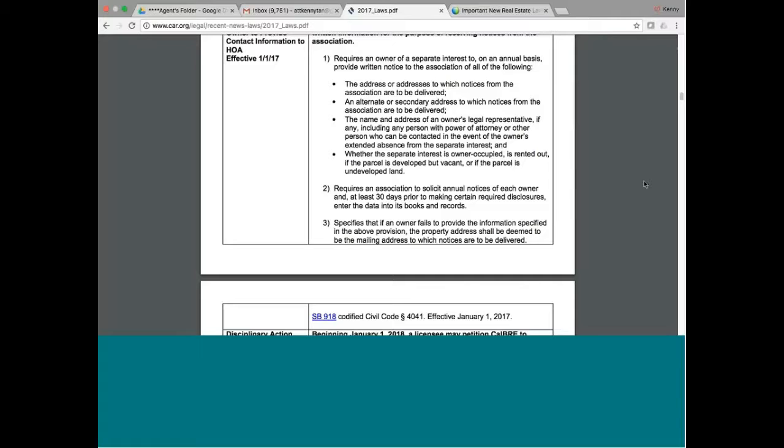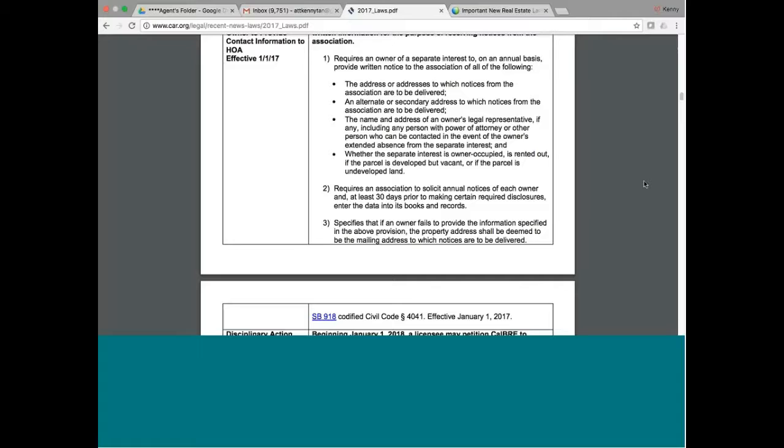Now, whether or not your tenant forwards the mail to you, if you fail to receive legal notices because you never provide an address to which you want legal notices to be served, and instead the association served the legal notices at the property address and the tenant fails to forward it to you, the notice is still valid.